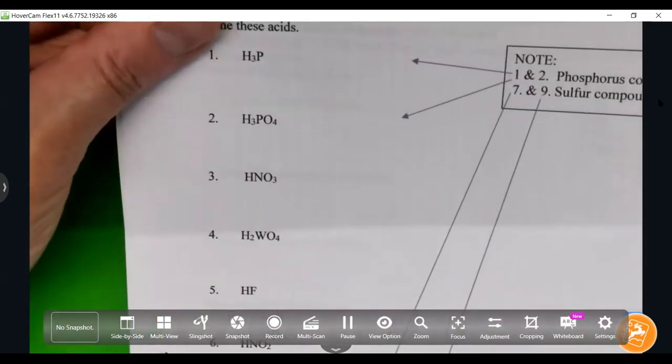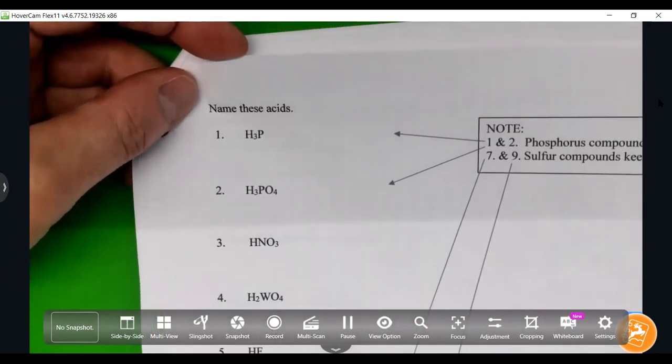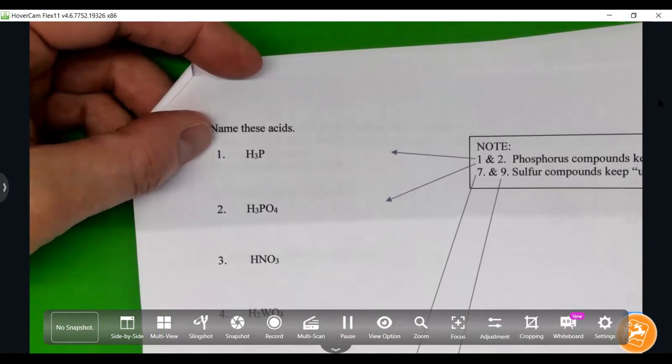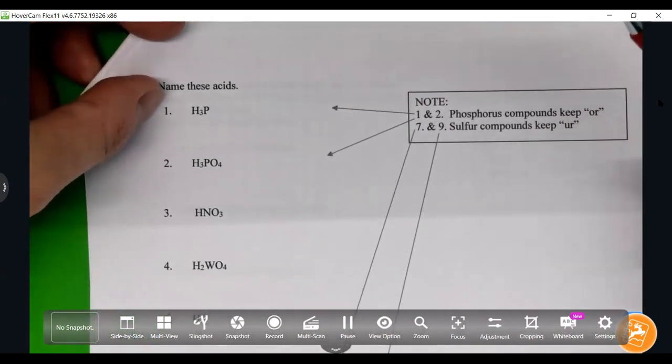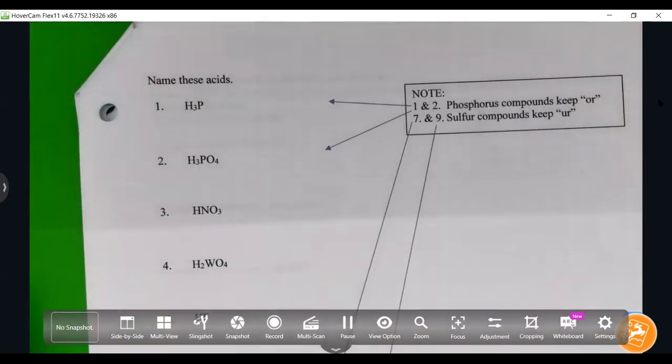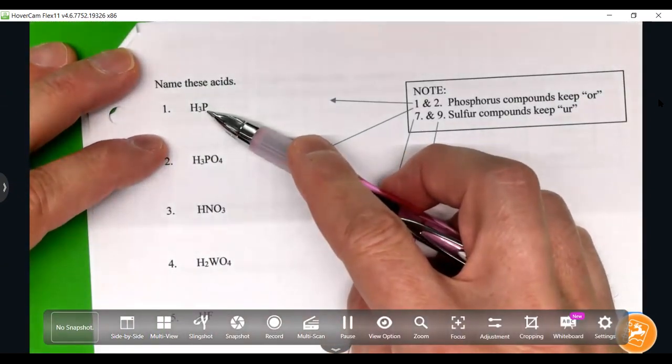So I just want to point out number 1 and number 2 on page 8. So number 1 is going to start with hydro, right?